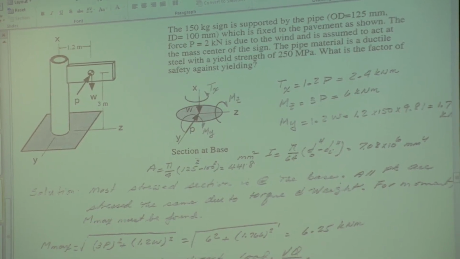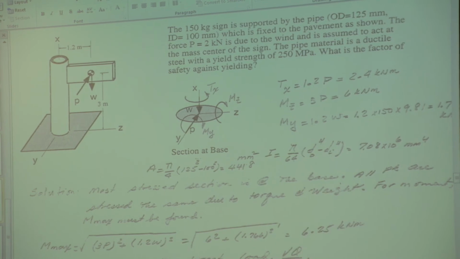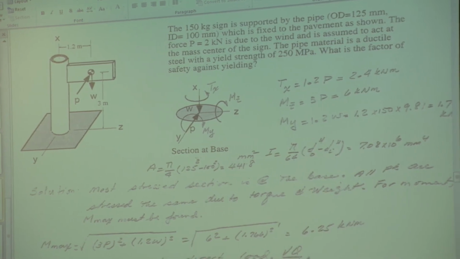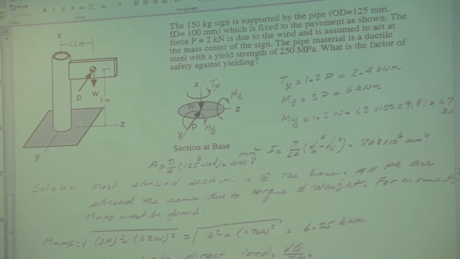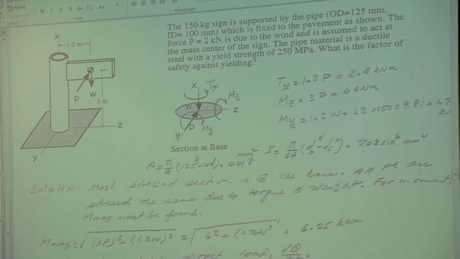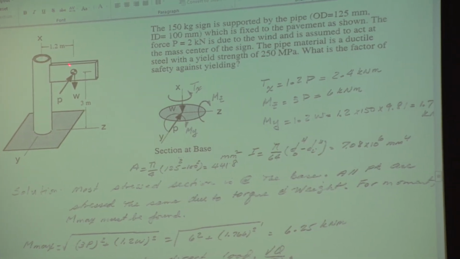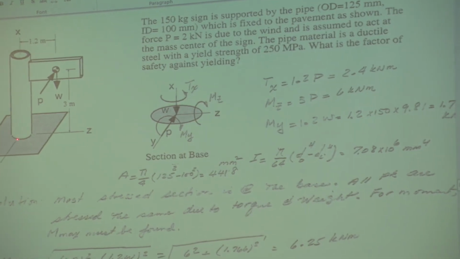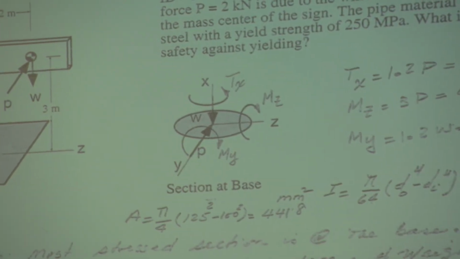It's under a compressive load, which is essentially the weight of the sign, 150 kilograms, multiplied by 9.81, of course. Then the shear force P, which is this force, transmitted down in here, and the three components of moment that we just found.